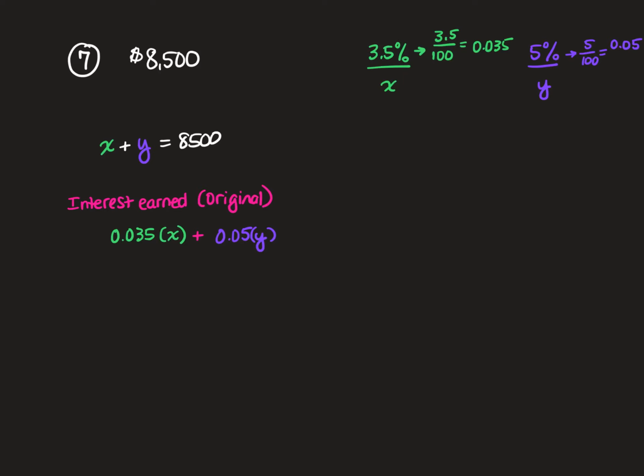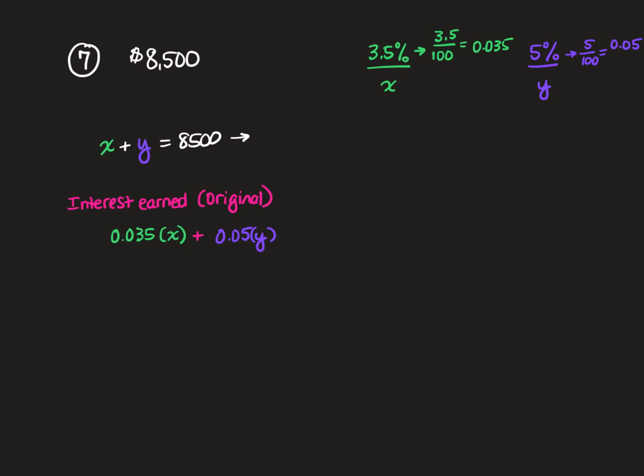So I'm going to come back up to this original equation that I wrote, X plus Y equals 8,500, and I'm going to think about how I can rewrite that so I have an expression that I can use in the interest earned expression. So maybe I subtract X from both sides.